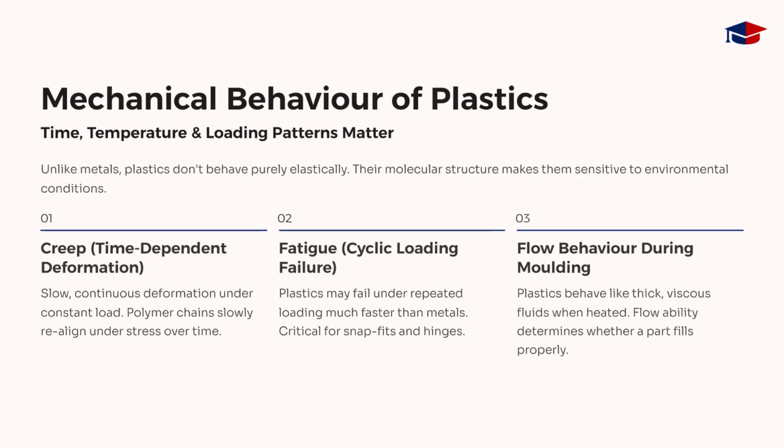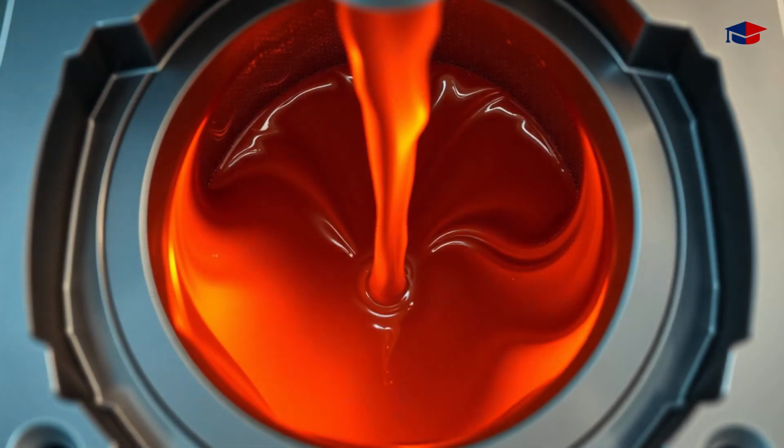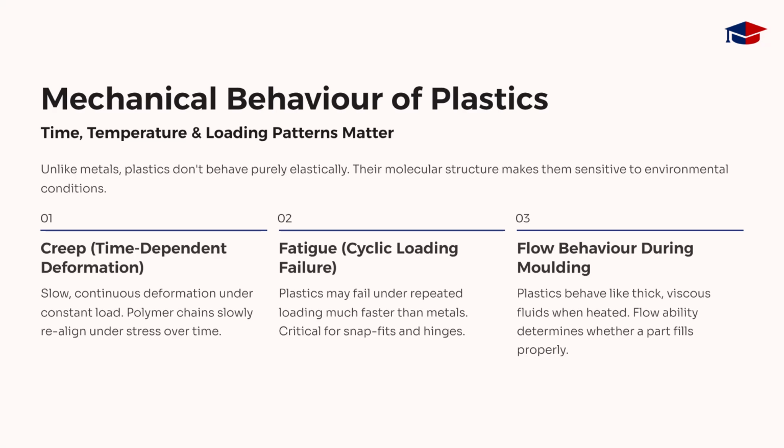Flow behavior during processing is equally important. When plastics are heated and injected into a mold, they behave like highly viscous fluids. The way polymer chains flow, orient, and freeze during cooling affects strength, surface finish, and dimensional accuracy.